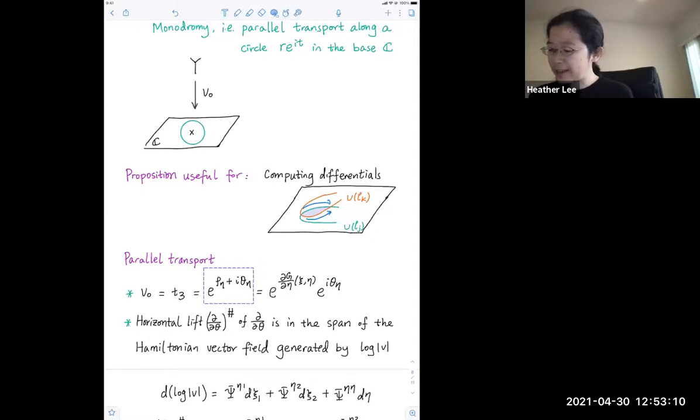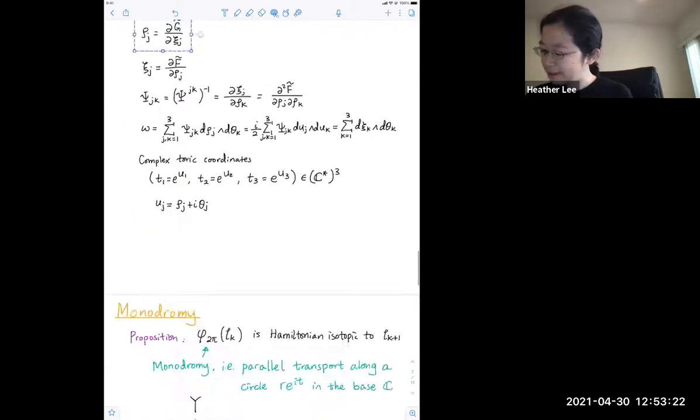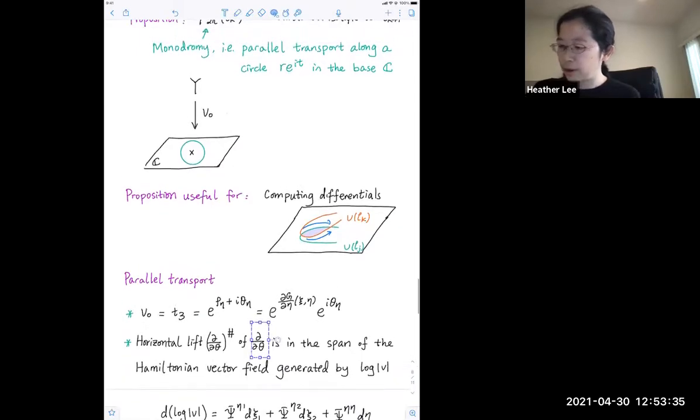And T3 by definition looks like this, and we can write this in the action-angle coordinates, using this relation between the complex coordinates and the moment map coordinate. And so this is the superpotential, and a horizontal lift of a vector field around the circle.